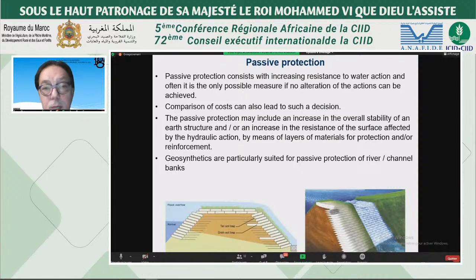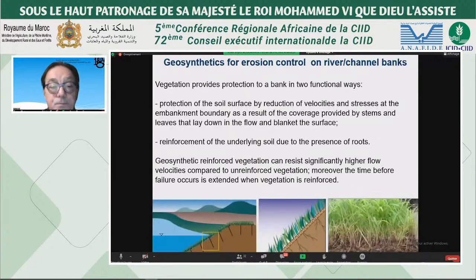Protection passive peut inclure une augmentation de la stabilité par une surface de protection contre l'action hydraulique. Les géosynthétiques sont particulièrement appropriés pour ce genre de choses. On doit inclure la végétation dans cette analyse, car elle peut présenter une protection en elle-même.